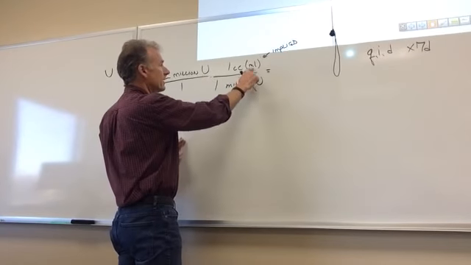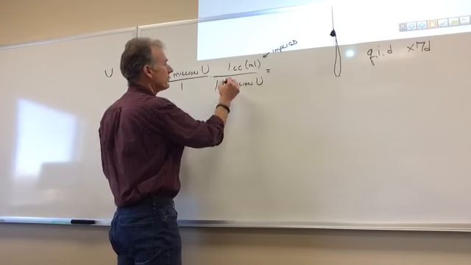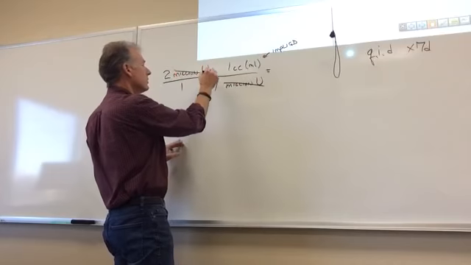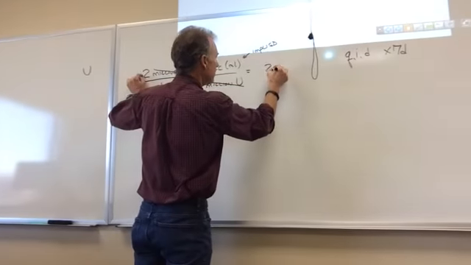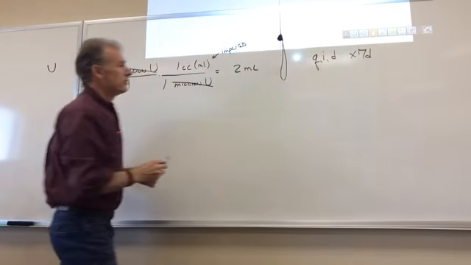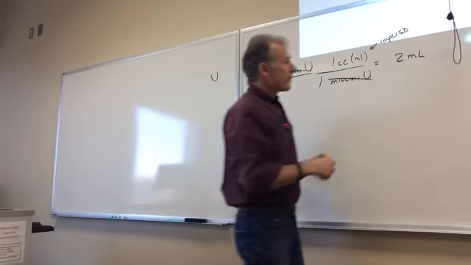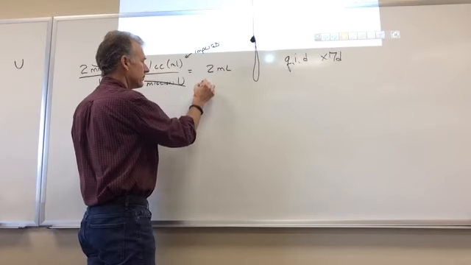So then the question is how much you're going to give. And you can see, of course, the million units cancels out, and now we're just down to 2 milliliters, 4 times a day, right?